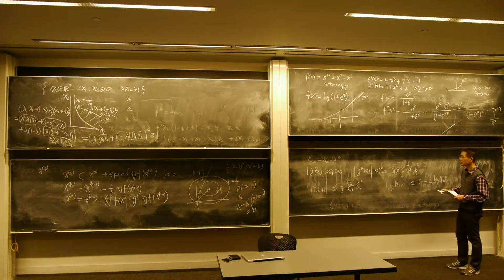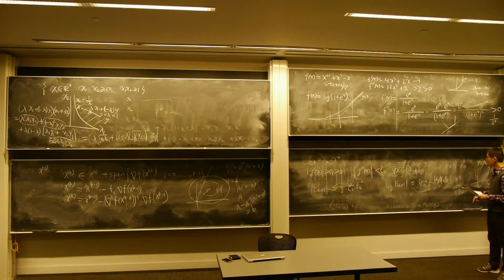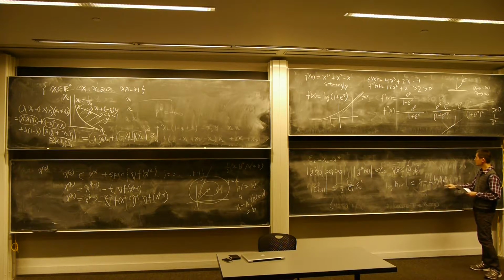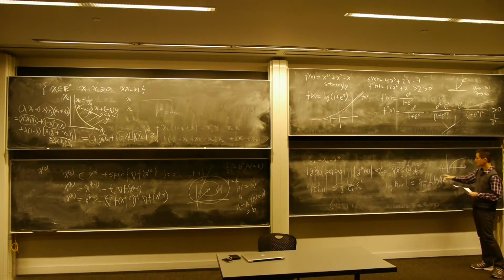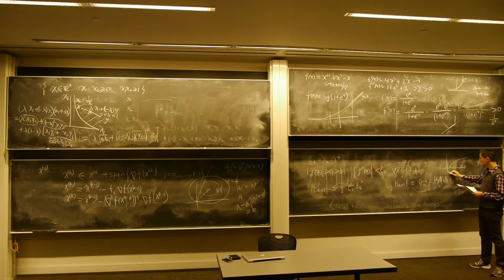Right? Let me see. But sigma k is smaller than 0. So suppose sigma k is a very small number on the log scale. So this is log sigma k, somewhere here. Okay.